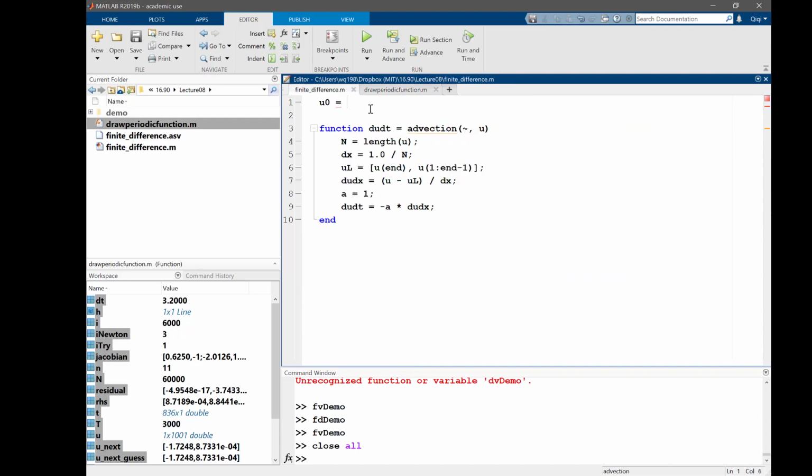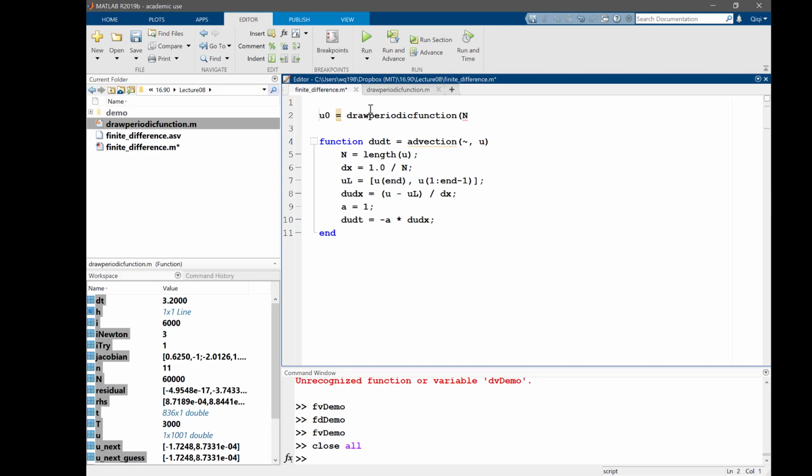Okay, so draw periodic function. How many grid points would you like? 100? 50? Okay. All right. And I have to give a name like initial condition. Okay.